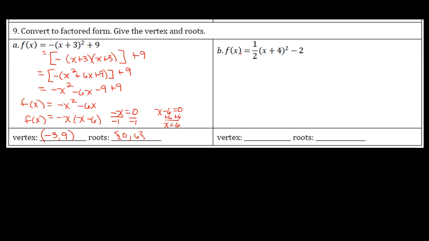Okay, for this one, our vertex is -4, -2. We are going to convert it to standard form first.